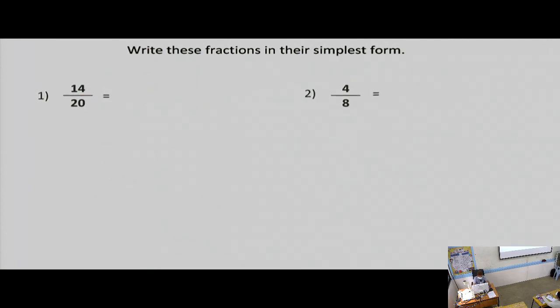How about number 3? 9 over 12. What is the simplest form?